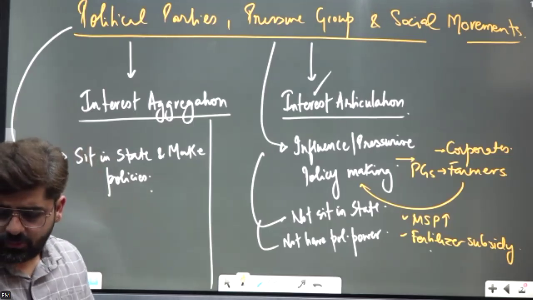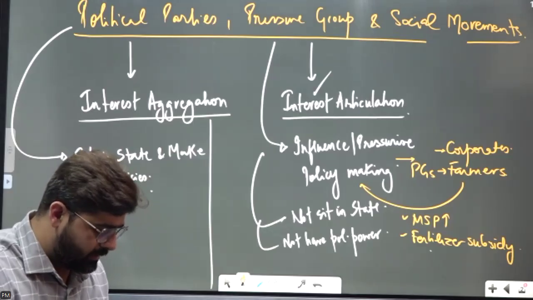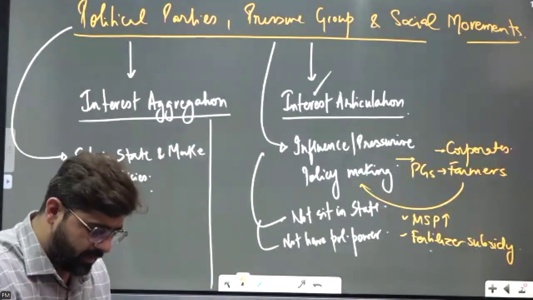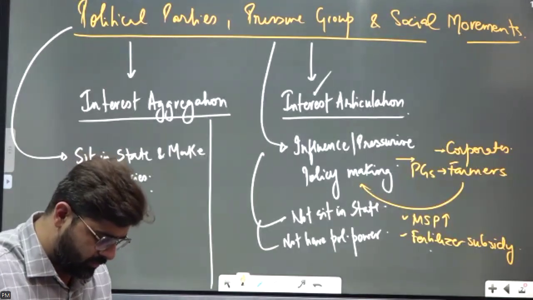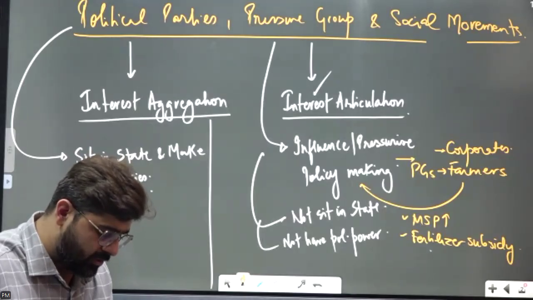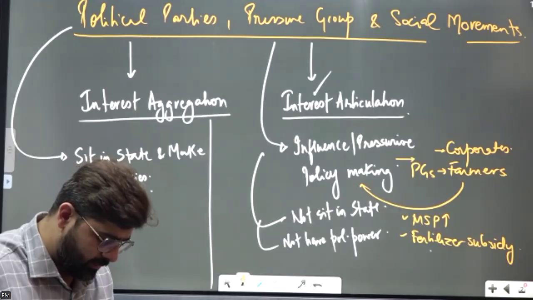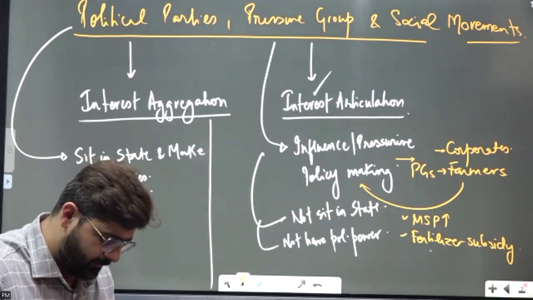Now, what I want to do is tell you a classification of pressure groups as done by Gabriel Almond, and I want to compare this classification with the classification of Jean Blondel also. For that, I'll very quickly share a document, and via that document, I'll explain it to you.